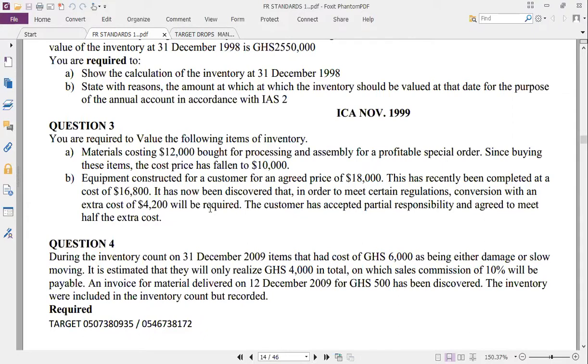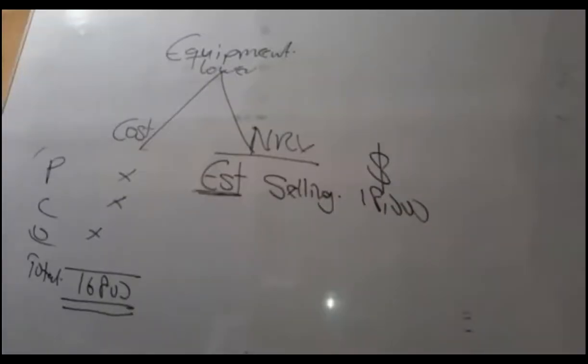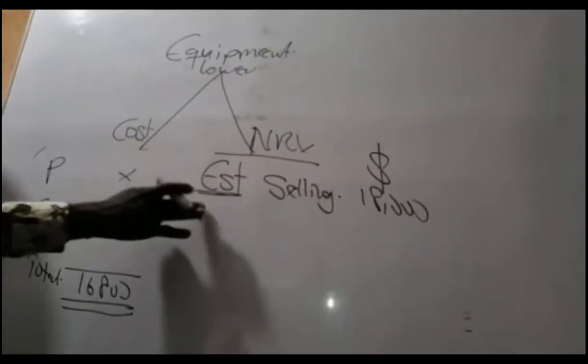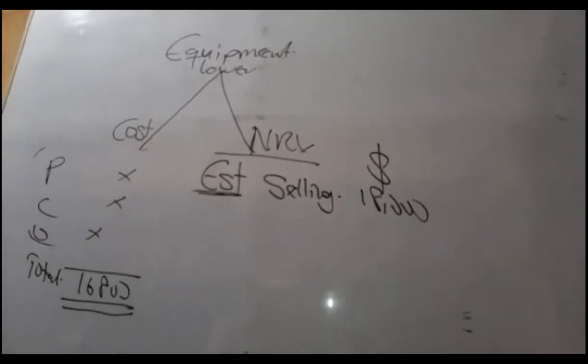Okay. Now the cost is $4,200 and half of it will be what? 2,100. Now this cost, how are you going to treat it? Will it be cost to complete or conversion cost? This is cost to complete.